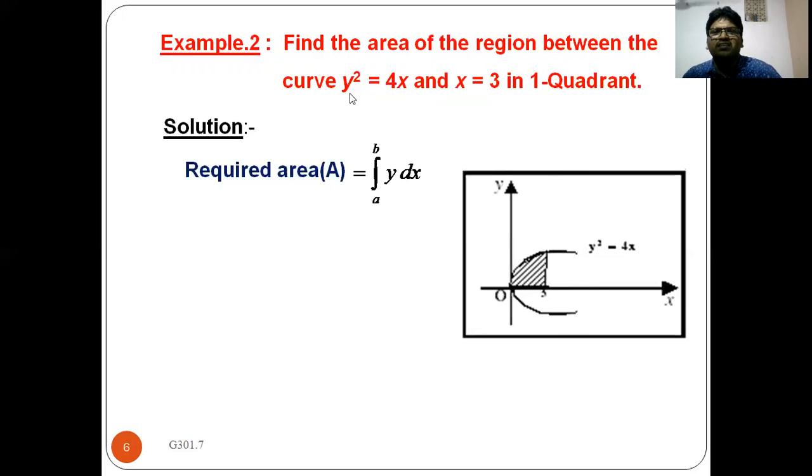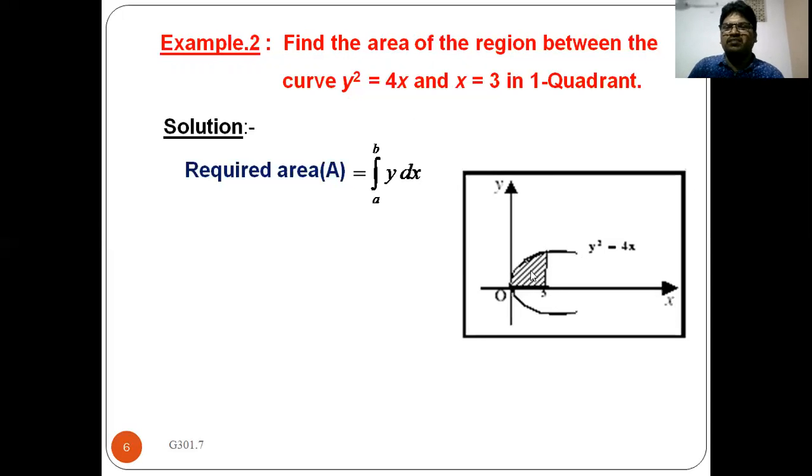The equation y square is equal to 4x is a parabola whose axis is the x-axis, so we have to draw it along the x-axis. Next we have to find the region within the limit in the first quadrant, this one.